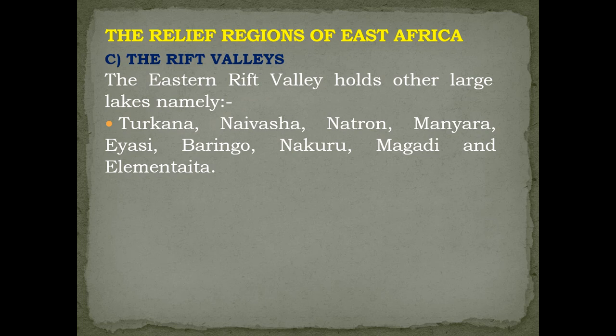So just like the western arm, the eastern arm is characterized equally by other large lakes. For example, we have Lake Turkana in northwestern Kenya, Lake Naivasha, Lake Natron, Lake Manyara, Lake Eyasi, Baringo, Nakuru. Nakuru is an important lake, and so many objective questions are set about this lake. This lake is particularly important because we shall look at it in tourism.